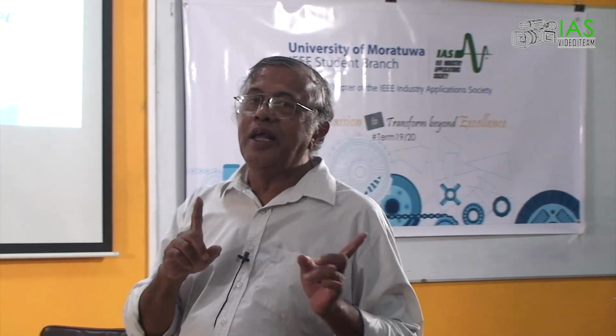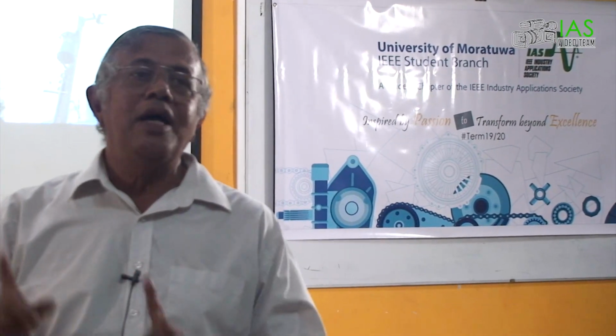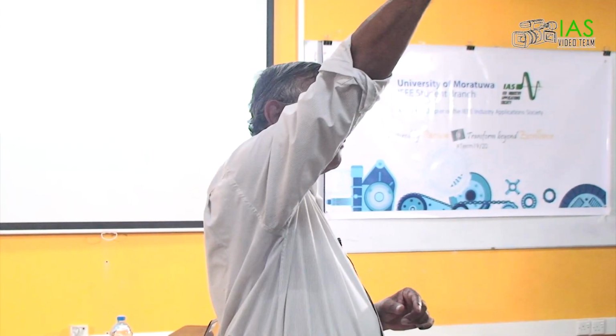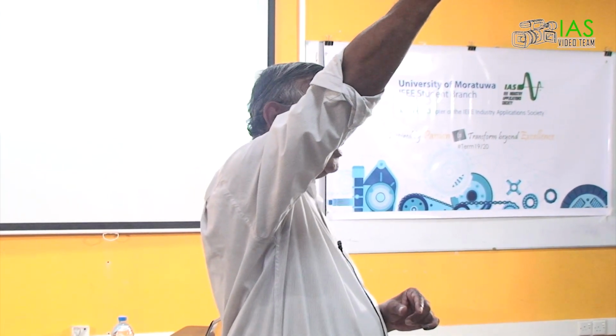That is called single wire earth return, SWER. You are taking only one single wire and distributing with single phase transformers, right? In Sri Lanka, you can't see this anywhere.